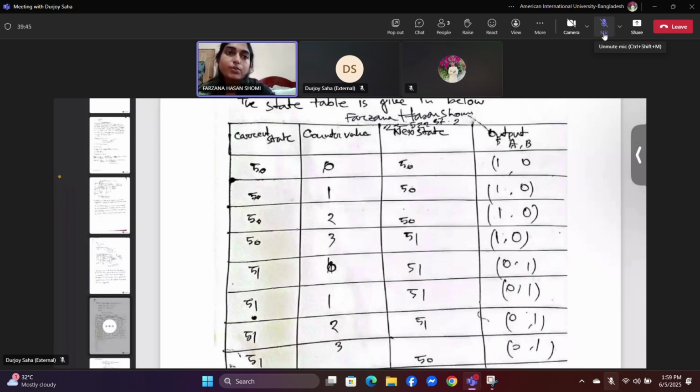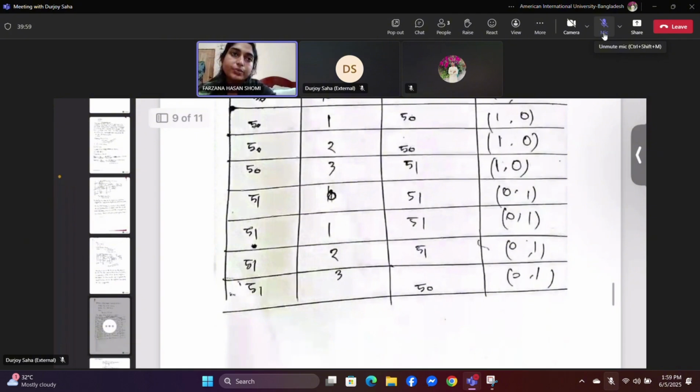In S1, for counter values 0 to 2, it stays in S1, but when the counter reaches 3 again, it transitions back to S0 and the output becomes 0, 1.